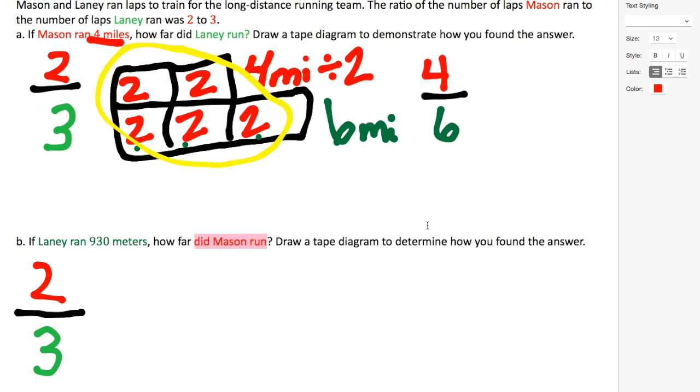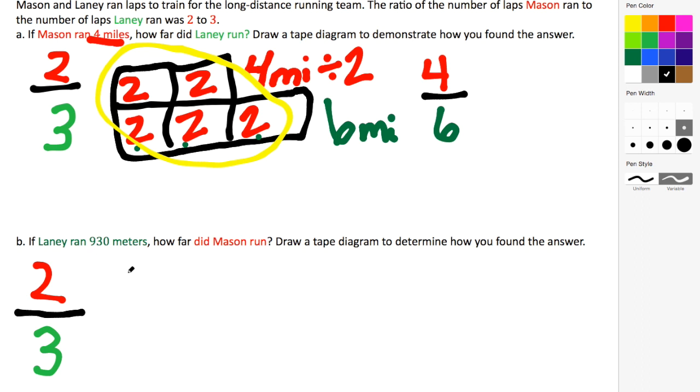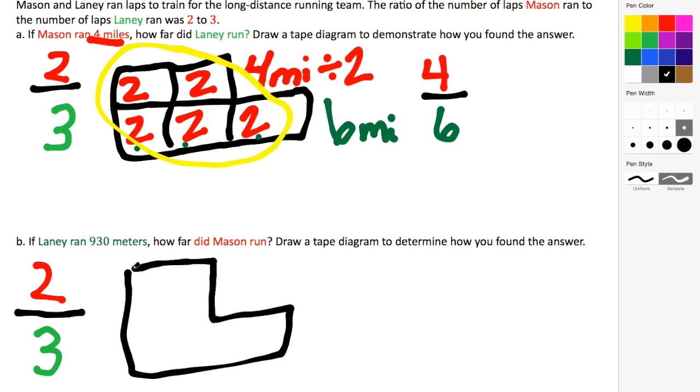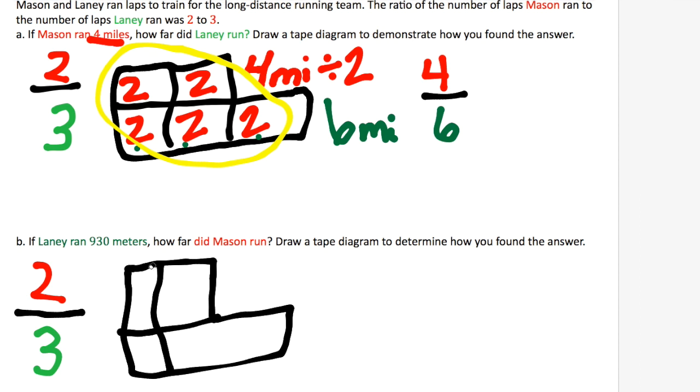So let's go ahead and make our tape diagram. And again, it's going to be 2 boxes for Mason, 3 boxes for Laney. And these are supposed to be equal sized boxes. I apologize for my sloppiness there. I'm doing my best. So let's erase that and I'll try to make a better box for you.